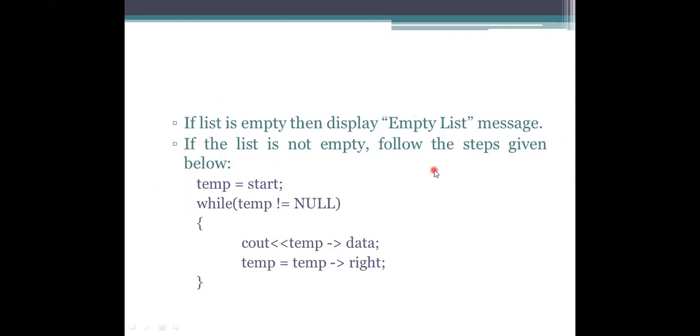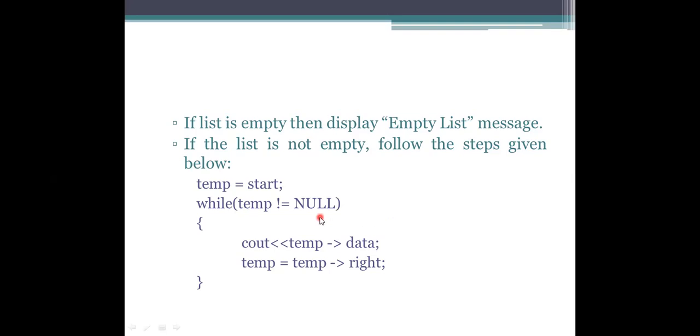How am I going to traverse here? If the list is not empty and the temporary variable is not null, I need to specify the data to be taken into account.